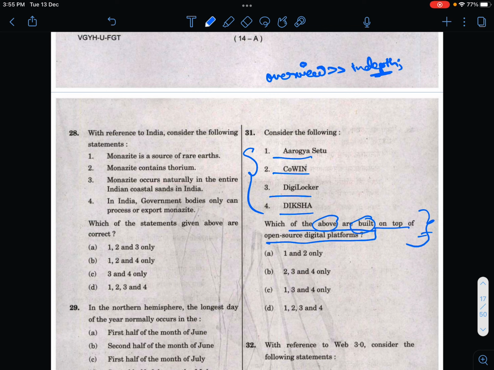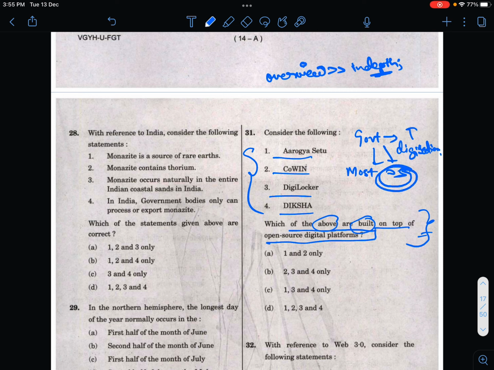So I lacked in-depth knowledge again in this question, but an overview of government's functioning tells me that government focuses on increasing digitization, and that is why most, if not all, of government's applications, of government's e-governance measures are built on open source.